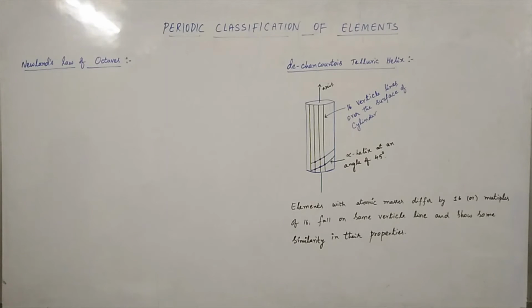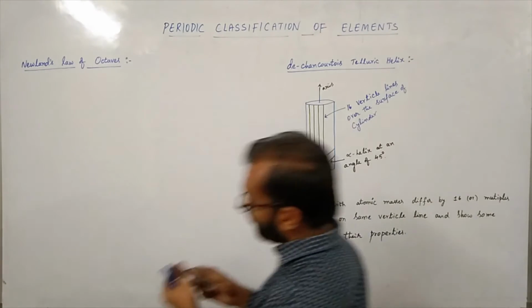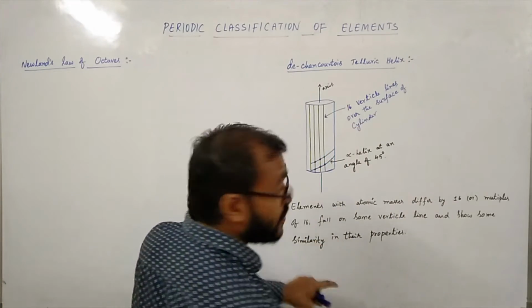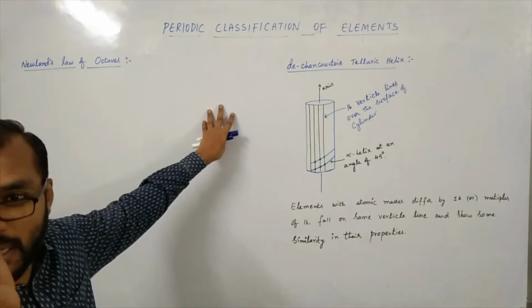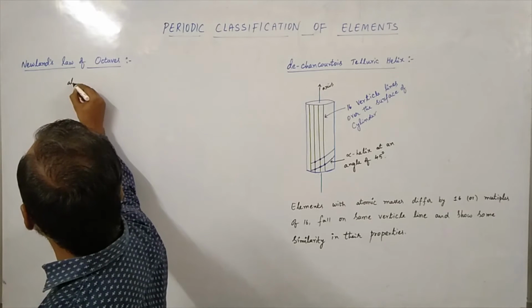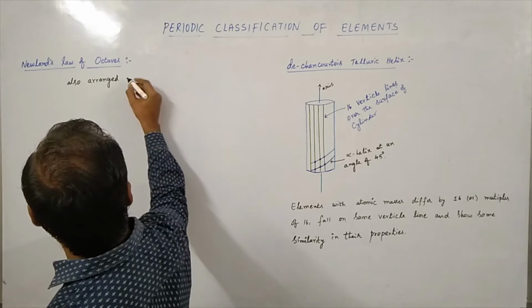Newlands' law of octaves. He also arranged elements according to their atomic masses. Here also elements are arranged according to their atomic masses, just as Dobereiner also arranged elements according to their atomic mass.